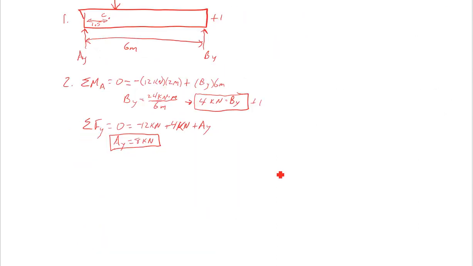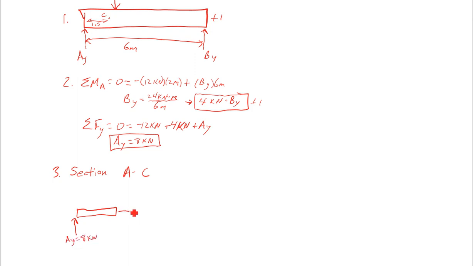I'll do both ways. So the first way we'll do it, we'll do the section A to C. In my diagram there, I have AY, 8 kilonewtons.